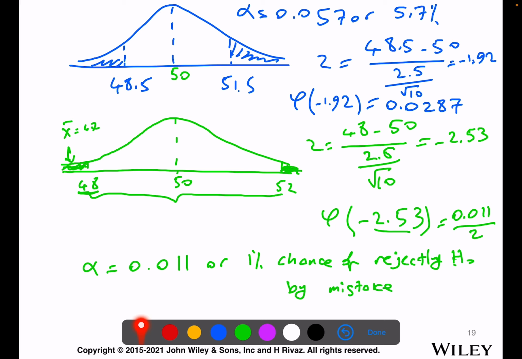And that does make sense, right? Because in the second case, I'm more strict. I'm saying that it has to be less than 48 or more than 52. Any questions? Okay.